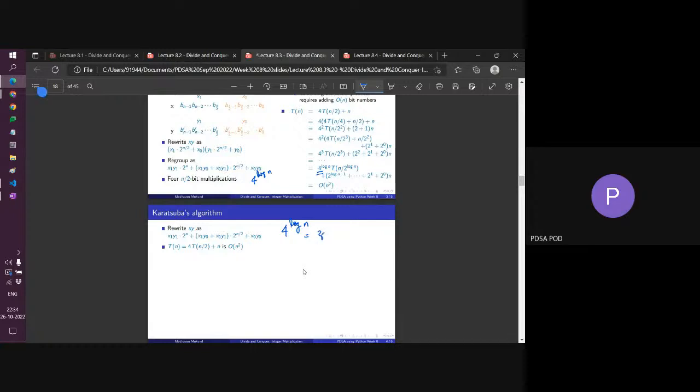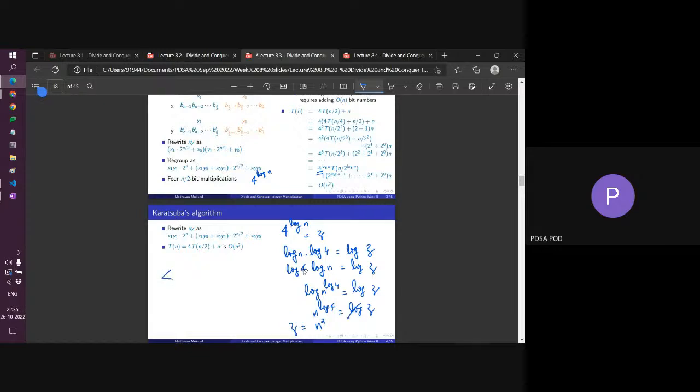Put the log on both sides. So log n into log 4 equal to log z. So this is log n power log 4 equal to log z, which is n power log 4 equal to log z. Sorry, this log I'm taking from both sides, so z equal to n square.